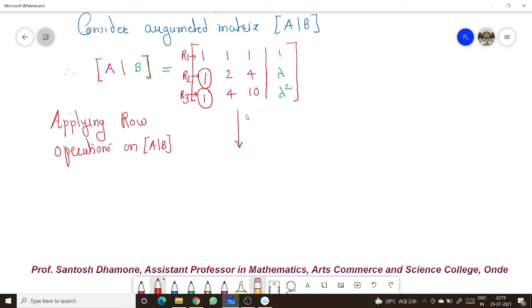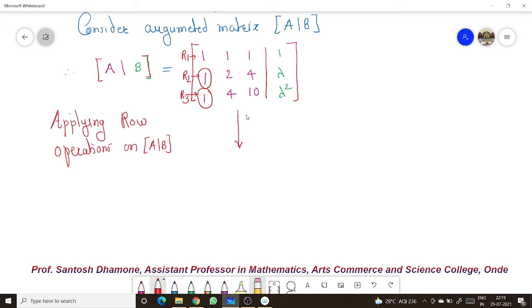Matrix A is the matrix of coefficients. In the first column we take the coefficient of x. In the first equation the coefficient of x is 2, in the second equation it is 7, and in the third equation it is 2.